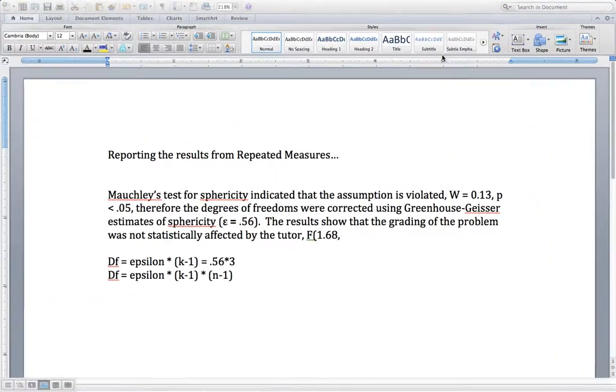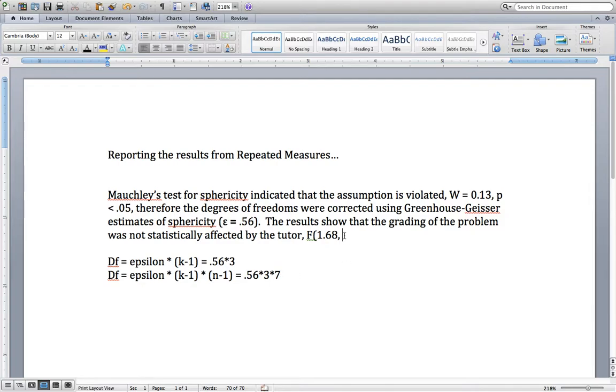So looks like we're going to have here 0.56 times 3 times 7. So 11.76. And our F value is 3.70, right?